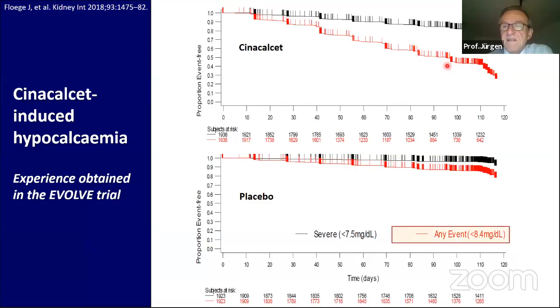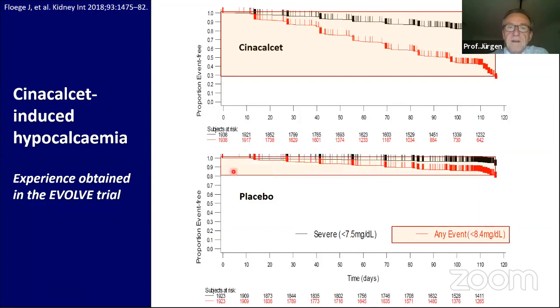So what we had seen is that any hypocalcemia defined as a serum calcium below 8.4, if you measure in millimoles, divide by 4, so it would be 2.1 total calcium millimoles per liter. If you look at that, something like 70% of the cinacalcet patients developed hypocalcemia. In the placebo group, it was 20%. If you now look at severe hypocalcemia, it was about 20% in the cinacalcet group and something like 5% in the placebo group.